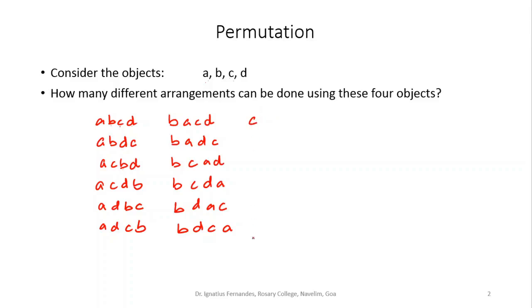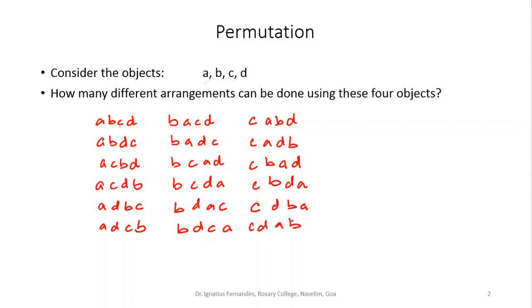With C also, I'll get six different arrangements: C, A, B, D, C, A, D, B, C, B, A, D, C, B, D, A, and then C, D, B, A, C, D, A, B. These are with C in the first place.